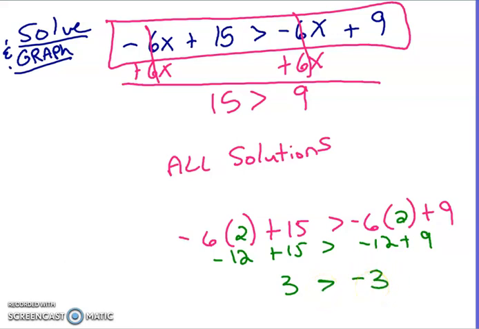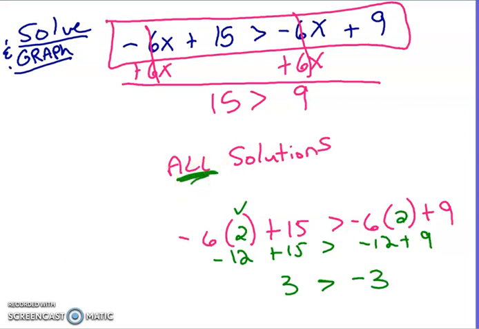And you're going to get 3 is greater than -3, which is true. So 2 works. But again, you can plug in 3 and it will work. Plug in -15, it will work. Plug in -400 million, it will work. So all solutions will actually work.